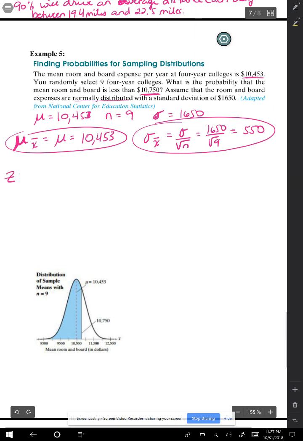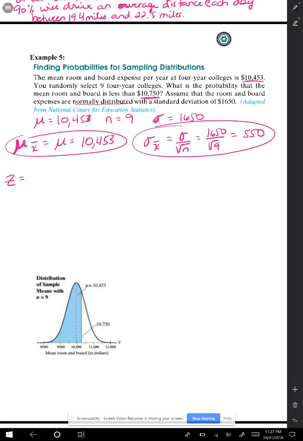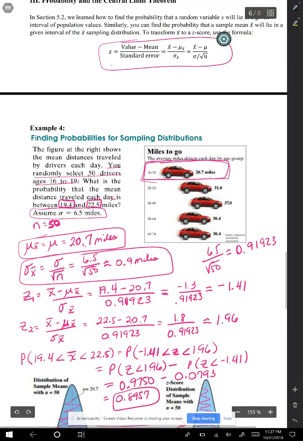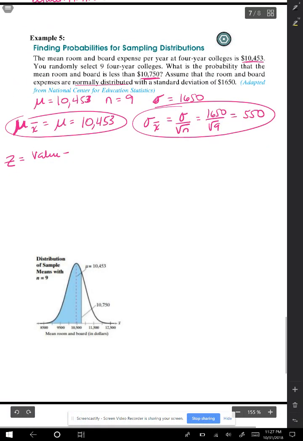So I'm calculating a z-score, which, remember, is the value that we're talking about in this particular problem minus the mean over the standard error. And again, I encourage you to write these down on your formula card. So you can remember the symbols, to me, it's a little bit easier to remember the words: value minus mean over standard error. So the value they gave us that we're transforming into a z-score is the 10,750.